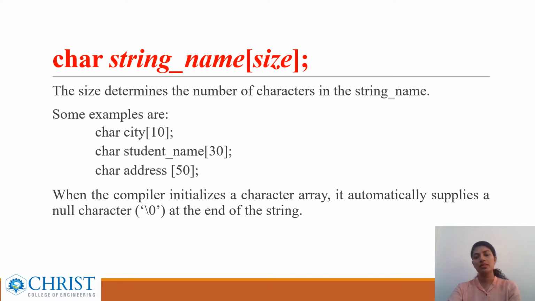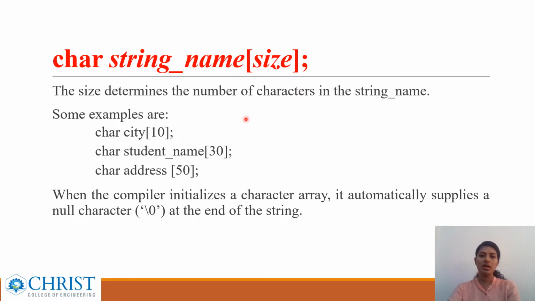Next we'll look at some examples of declaring strings. Here we have three examples. The first one is a string named city whose size is 10. The second string is named student name and its size is 30. The third declaration is a string address and its size is 50.